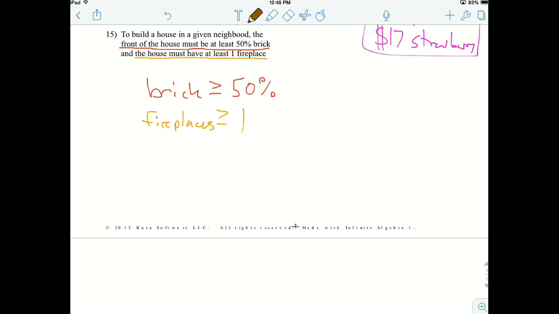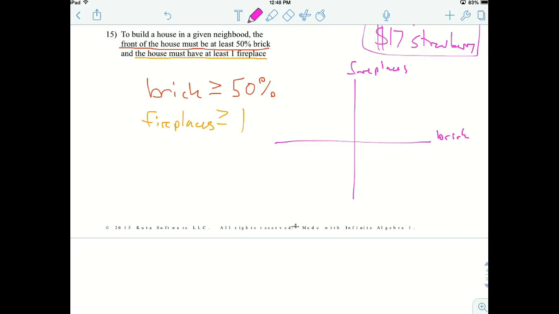So if we were to sketch a quick graph of what this might look like, we're going to have one of our axes be brick, the other one be fireplaces. We're used to X and Y, but now we're going to have brick and fireplaces.